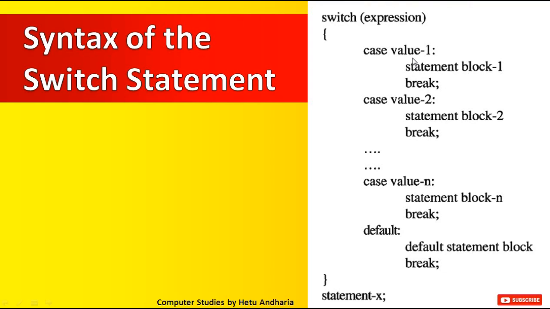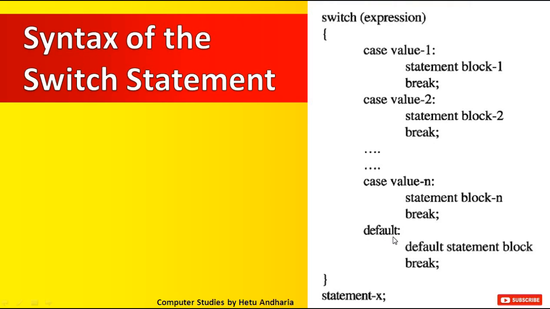Now if the user has not entered 1 and has entered 2, then you have to type here case 2. If the value of the expression is 2, then statement block 2, that is, your choice is strawberry for example, and then break, and so on. Now what is the default part?